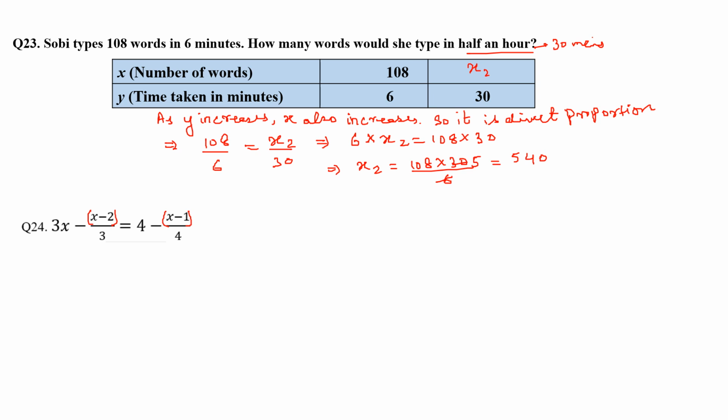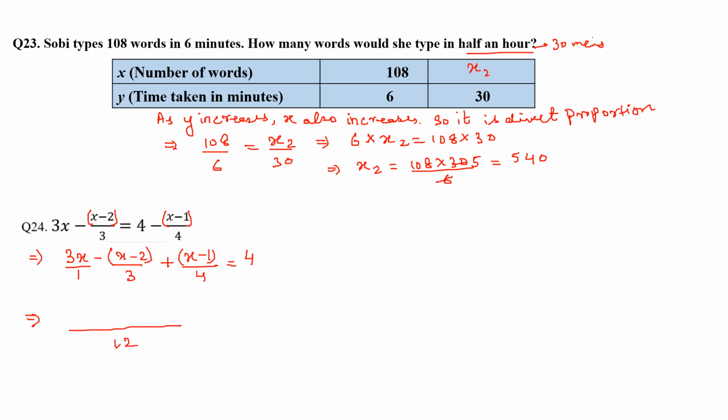Now your first step is to bring all the variables to the left hand side and keep the constant on the right hand side. So I will write here 3x minus x minus 2 by 3 plus x minus 1 by 4 equal to 4. Now I am going to take the LCM here. So LCM will be 12.